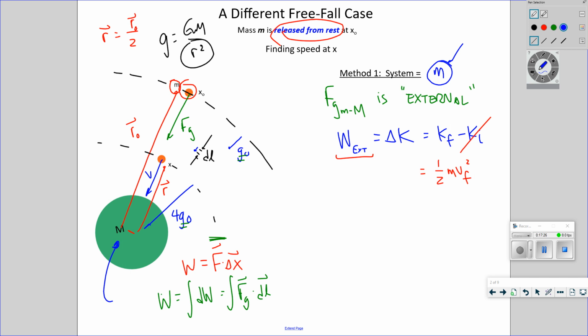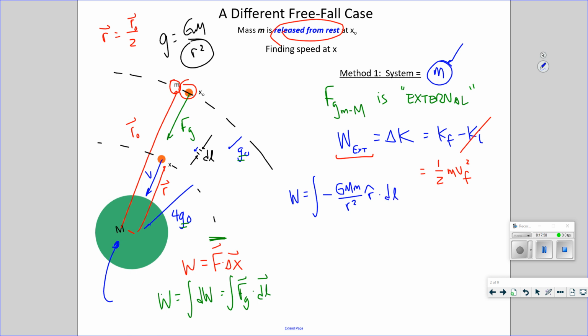So what we can say is that the work done is the integral of F_g, which, remember, is negative G M over r squared r hat, dot dl. Granted, for this you need to be brushed up pretty well on some vector operations and calculus.